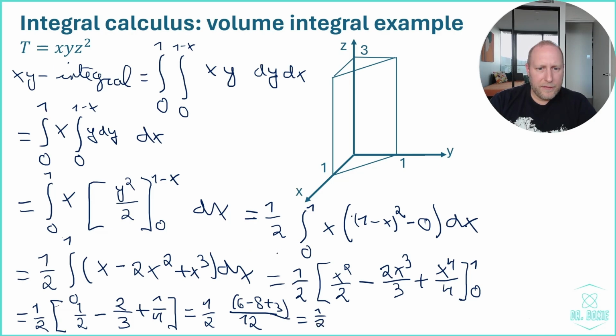So we get 1/2 times 6 minus 8 is minus 2 plus 3 is 1, so that's 1/12, meaning that this is 1 over 24.